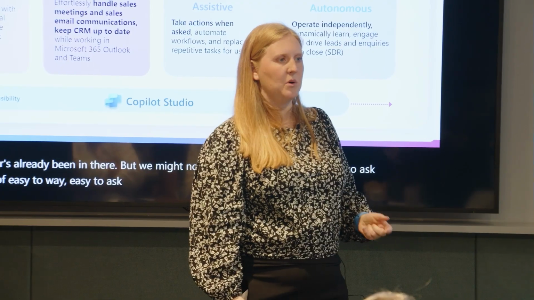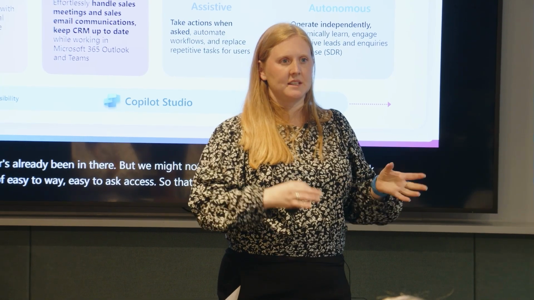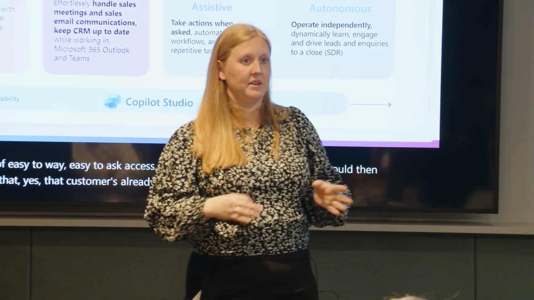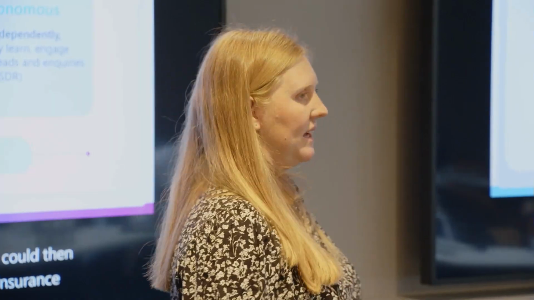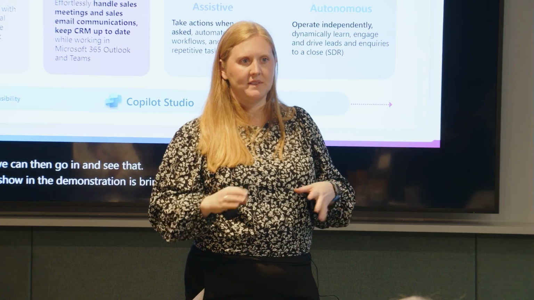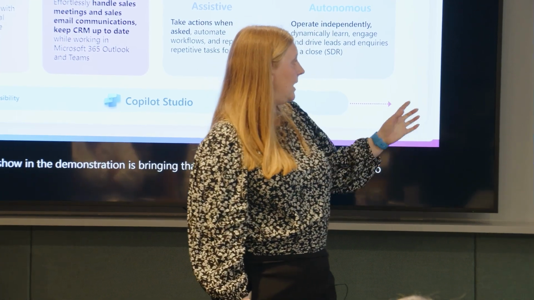So that's just an example where we could go in and see that yes, that customer's already met with another broker within our insurance firm recently. So what we'll show in the demonstration is bringing that relationship manager side of things to life within sales chat.